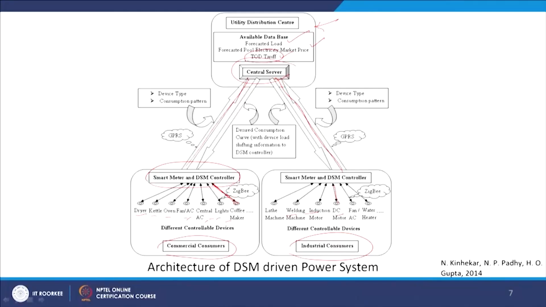And now, because the pricing characteristic is available to my central server, the central server can instruct guidelines to both commercial and industrial customers, advising the desired consumption curve and how to operate, so that their electricity bill will be minimum because of the TOD applicable to them.